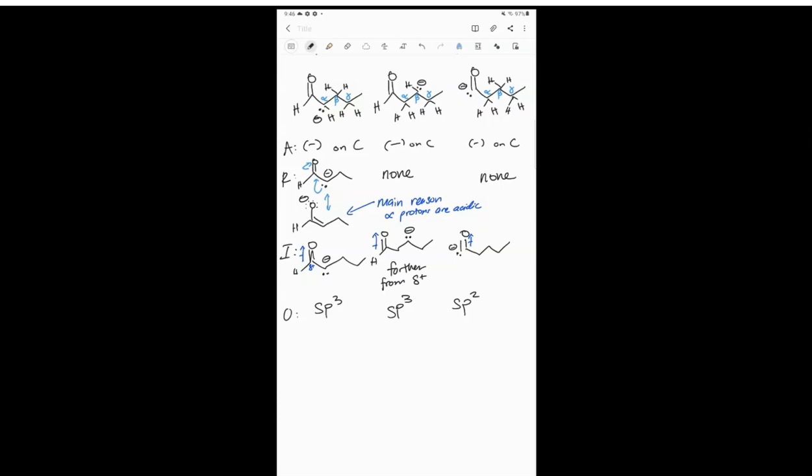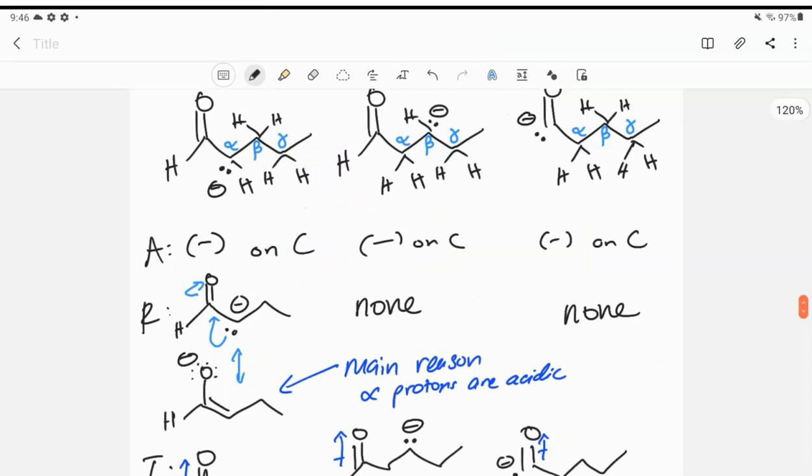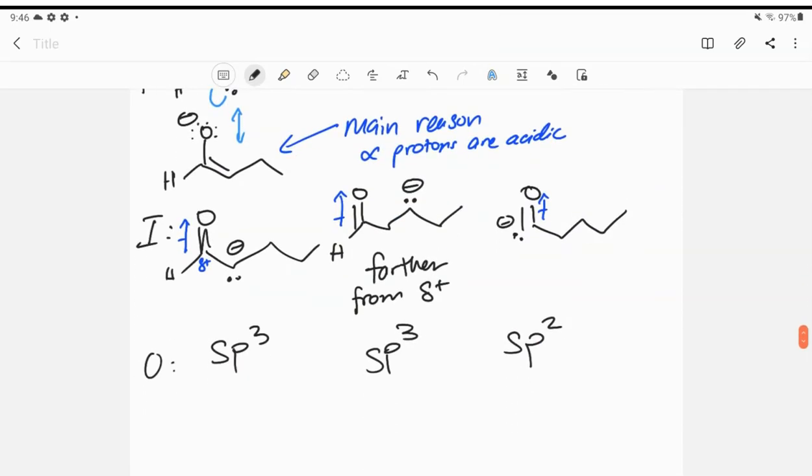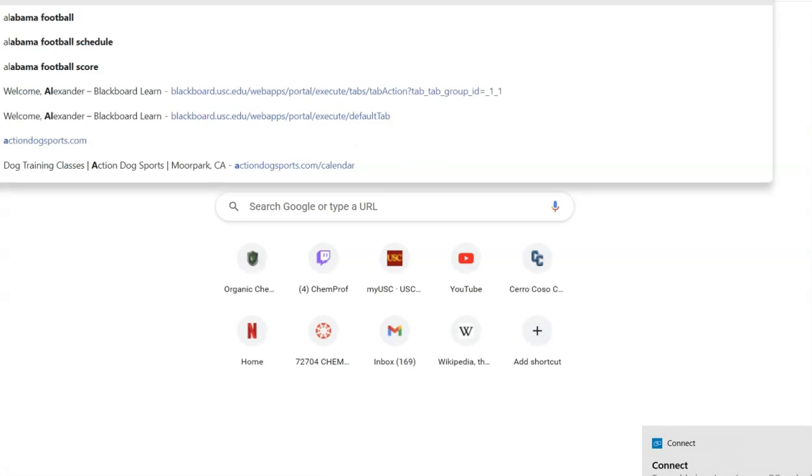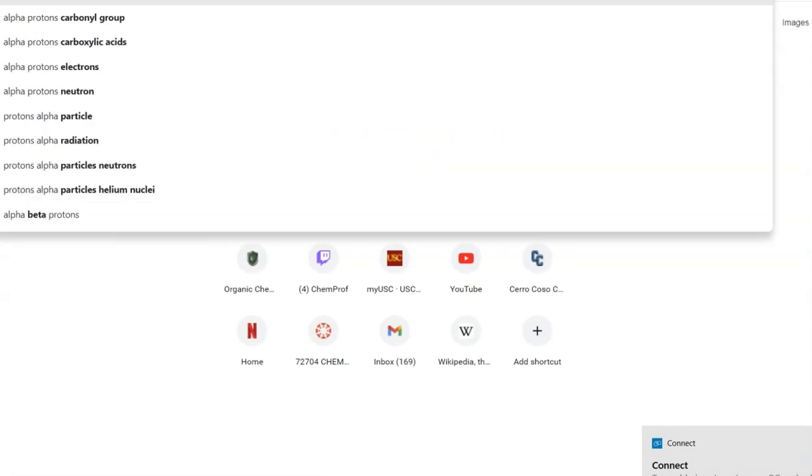Generally speaking, let's see if there's a nice chart on Google for us, because I don't want to recreate all this stuff. Wade, I think, is chapter 3, maybe?